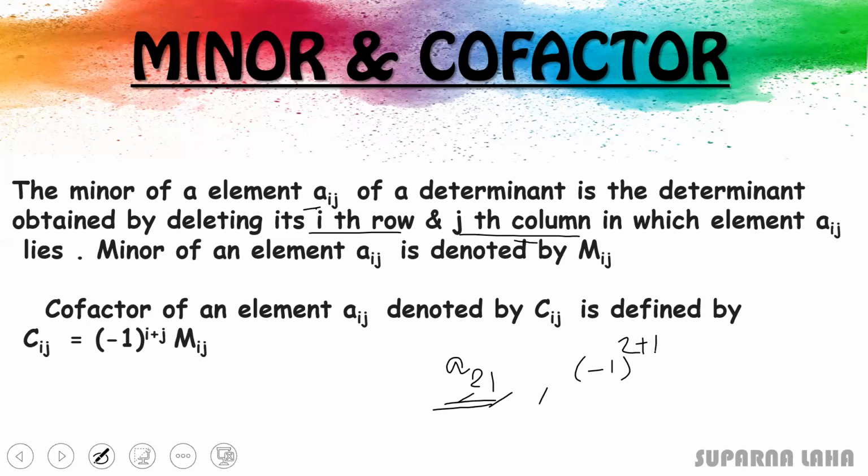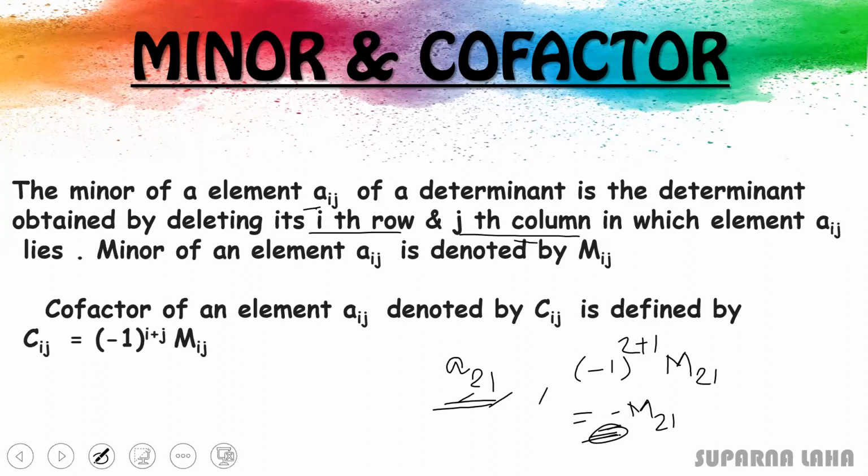So the cofactor of a21 is given by (-1) to the power 2 plus 1 into M21, that means minus M21. Now I hope the signs for expansion of the determinant are clear.